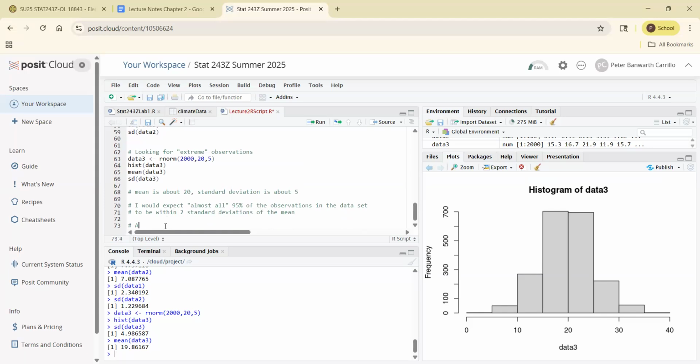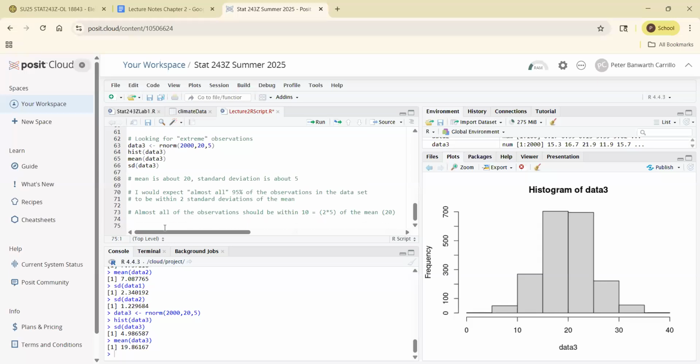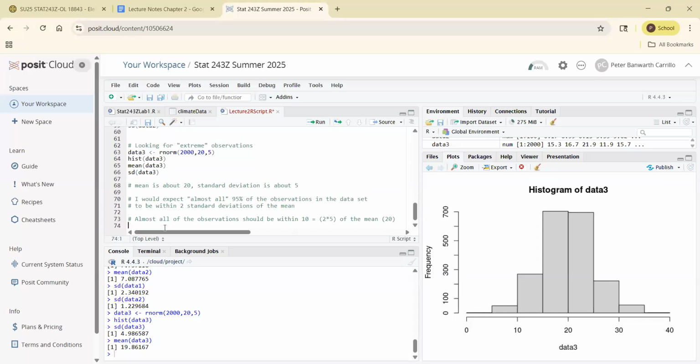In this case, almost all of the observations should be within 10 of the mean, right? 10, which is 2 times 5, which should be within 10 units of the mean, which is 20.